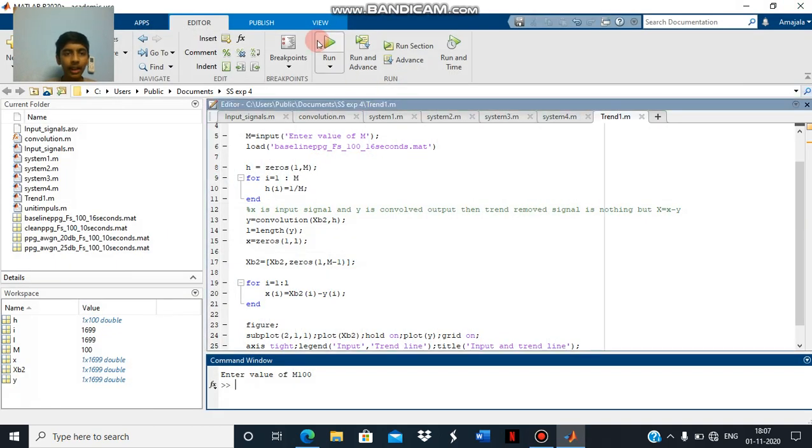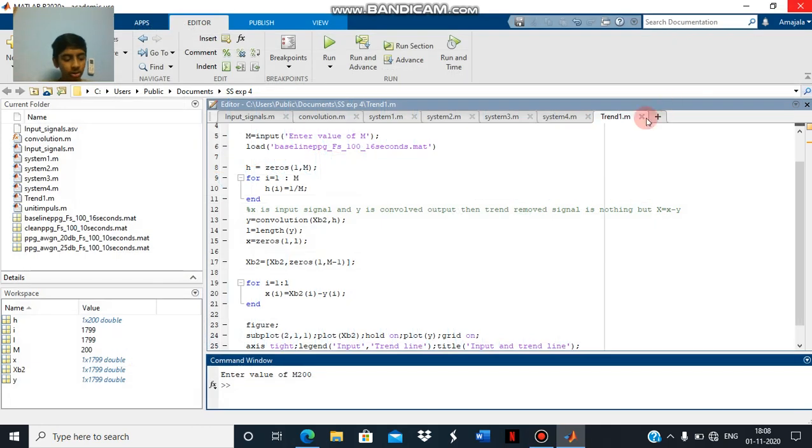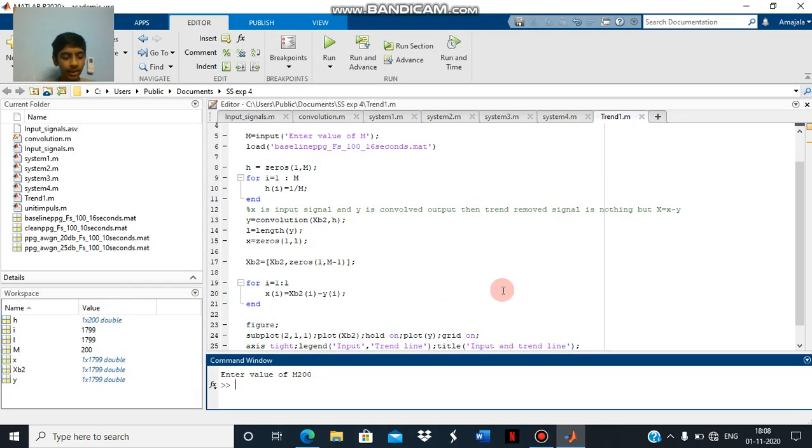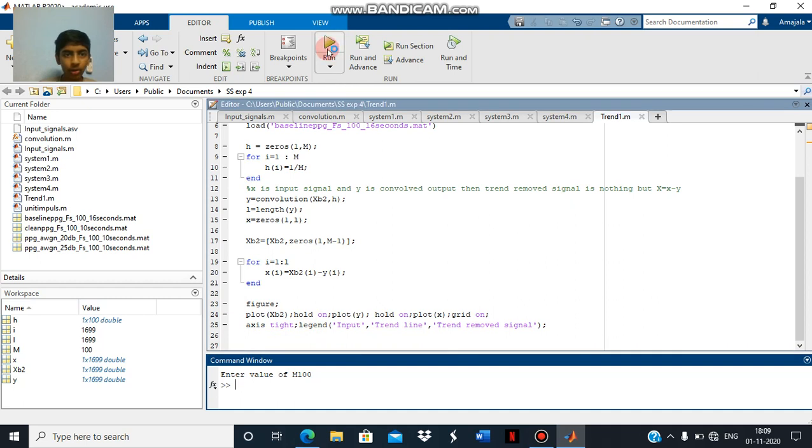So if I run the program again and consider the value as 200, the magnitude change on the trend line is somewhat different, but the trend is removed. Now I will plot both the trend removed signal and the input signal in the same graph.